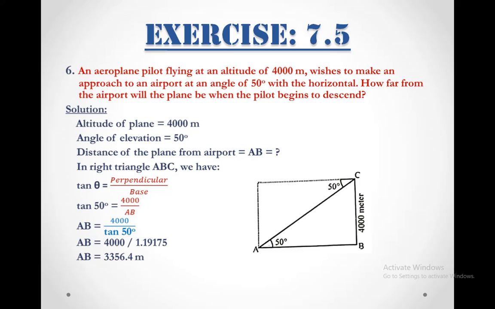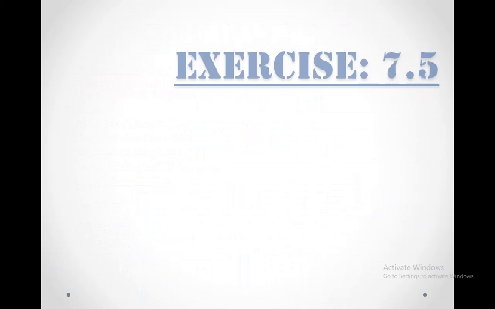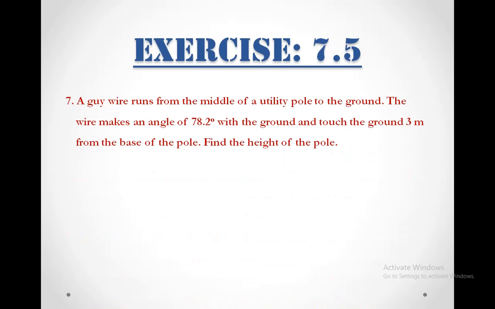You may use 4 digits after the decimal point. By dividing 4000 by 1.19175, we will have the result as 3356.4 meter. That is the required. So it is completed. Going towards the next, that is number 7.